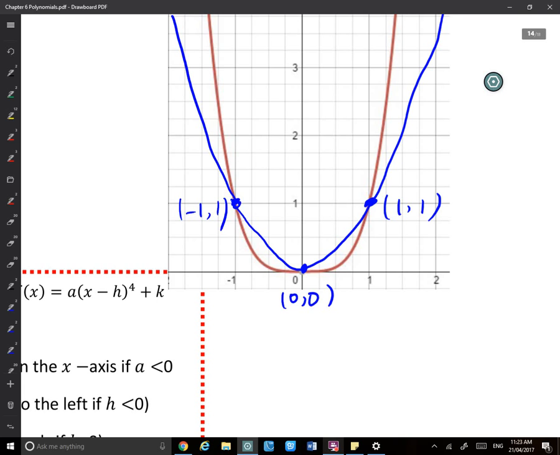If I put them on the same set of x-axis, the relationship between them will be that, but the shapes are very similar. The difference is that it's quite flat at the bottom for the quartic, and quite sharp, small, for the quadratic.